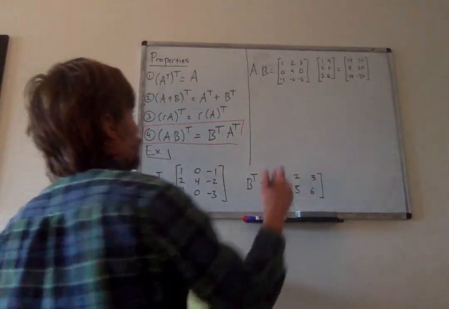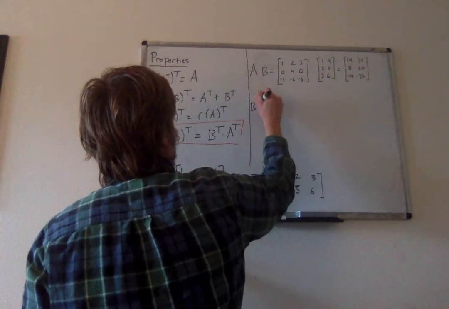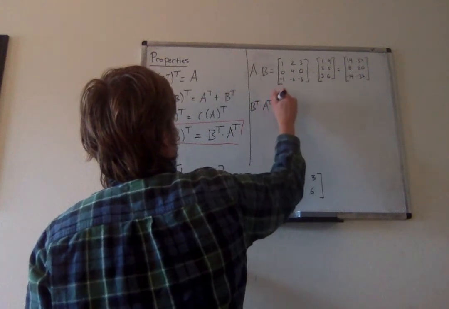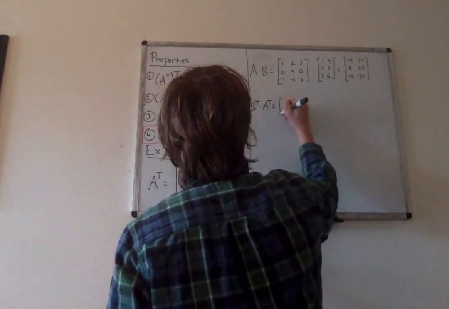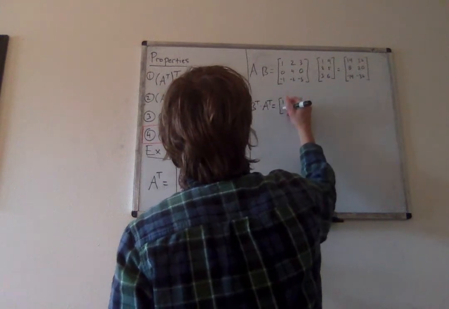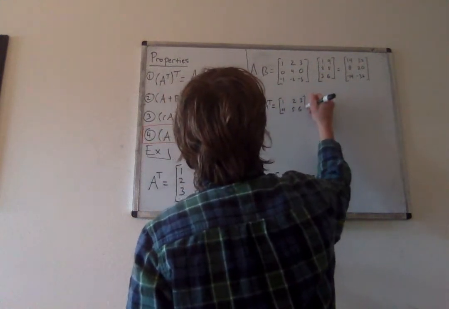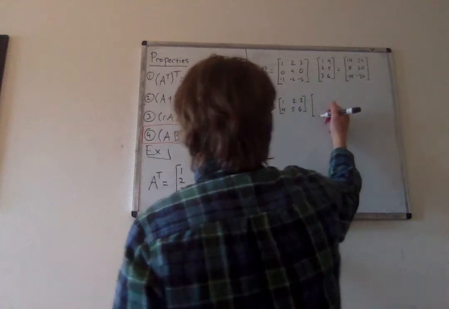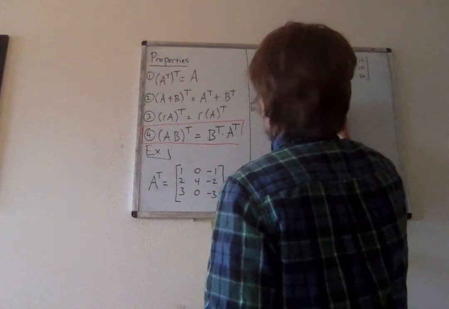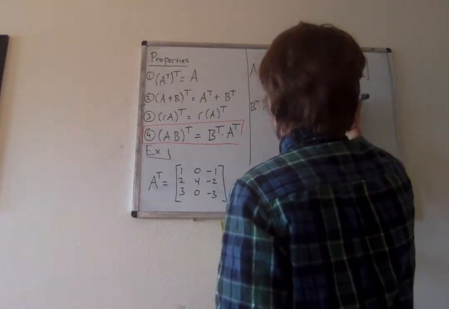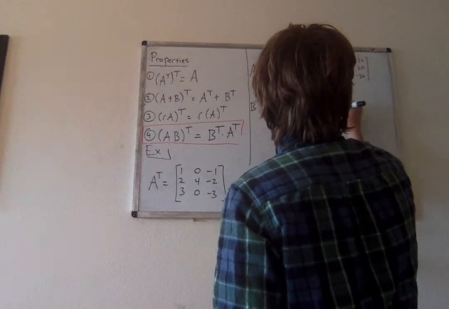Now B transpose times A transpose, well, is equal to 1, 2, 3, 4, 5, 6 times 1, 2, 3, 0, 4, 0, negative 1, negative 2, negative 3.